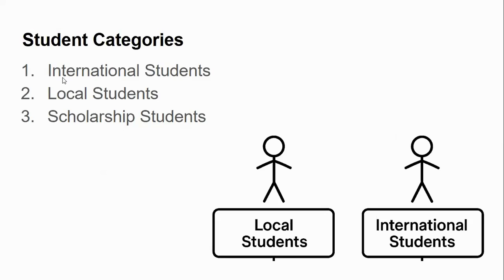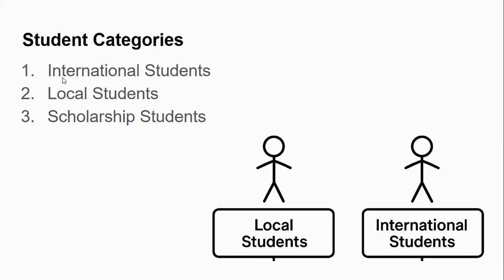So we normally have student categories. As you know, in a school, you may have international students, local students, or even some students on scholarship. Or you can have different categories in your school. It may not necessarily be international students against local students, but you have different categories of students, and these categorizations are done for billing purposes, especially when you bill students differently based on categories.